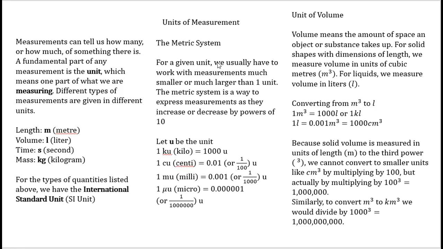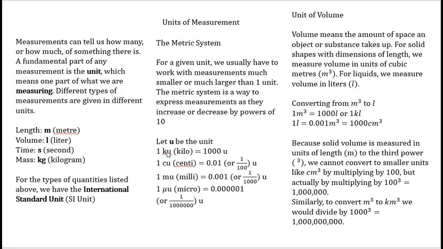For a given unit, we usually have to work with measurements much smaller or much larger than 1 unit. The metric system is a way to express measurements as they increase or decrease by powers of 10. Let U represent 1 unit.